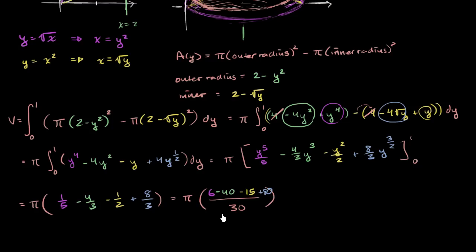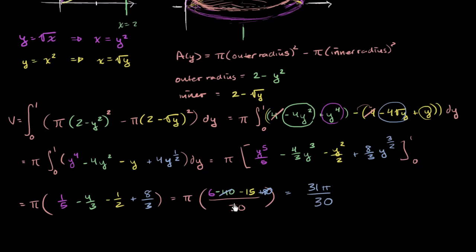So this simplifies to, let's see. Actually, let me make sure I'm doing the math right over here. 80 minus 40 gets us 40, plus 6 is 46, minus 15 is 31. So this is equal to 31 pi over 30.